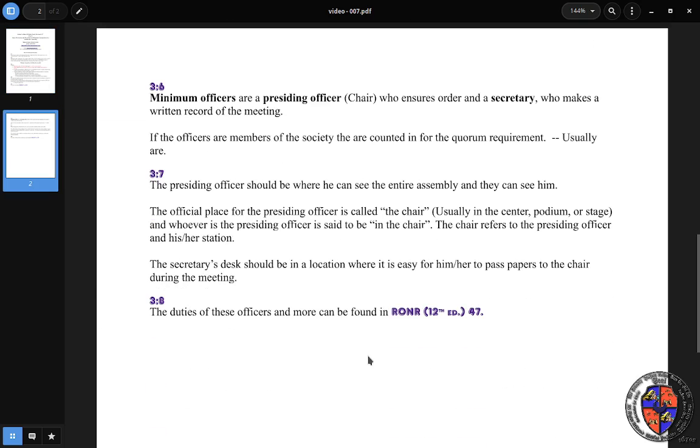And then, what are the minimum officers you need to run a society? Well, there are 2. You need your chair or presiding officer, and they ensure order is kept and the rules are followed. And you need a secretary who makes a written record of the meeting, aka your minutes. If the officers are members of the society, they are counted in for the quorum requirement, and they usually are.